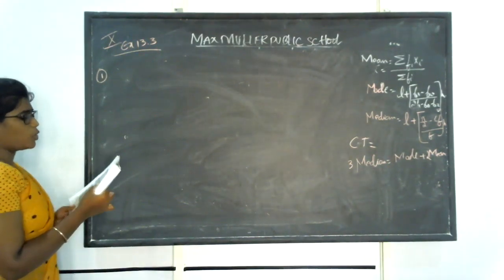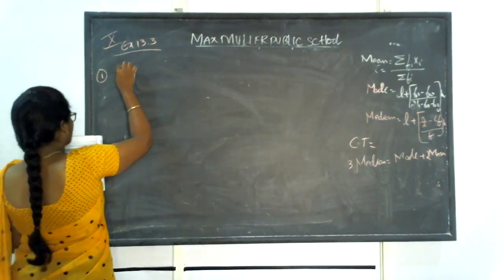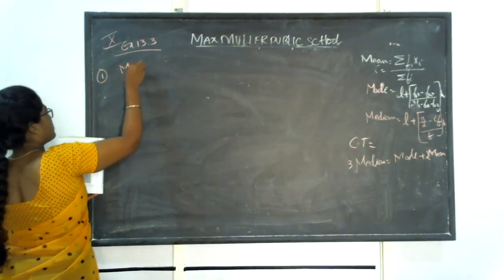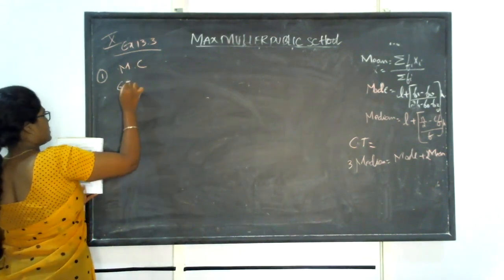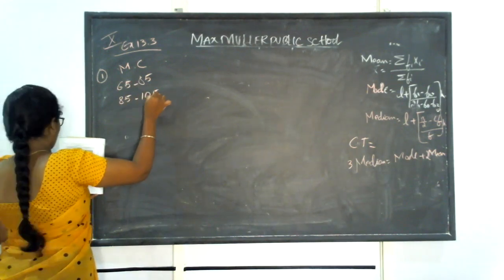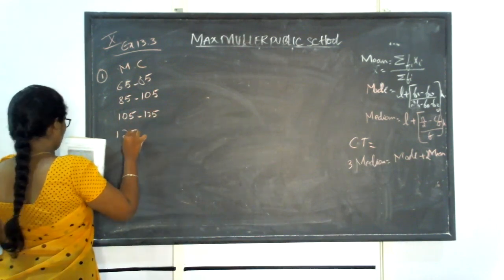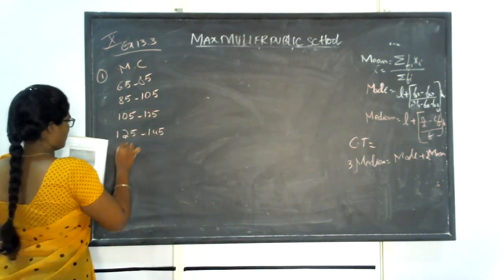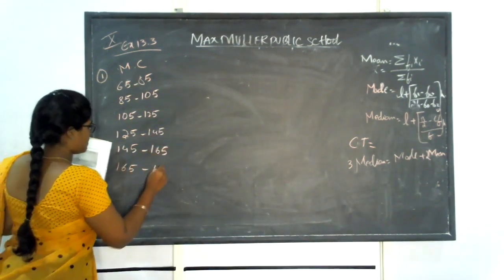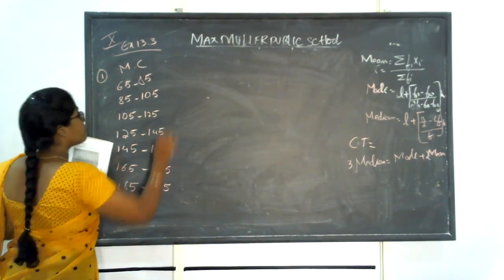You need to find out the mean, mode and median, all three, and compare them. Monthly consumption, I'll put it as MC, which is 65 to 85, then 85 to 105, 105 to 125, 125 to 145, 145 to 165, 165 to 185, and the last one is 185 to 205.